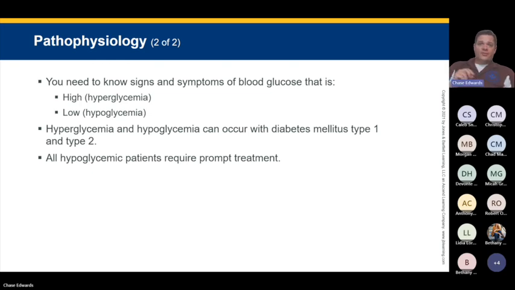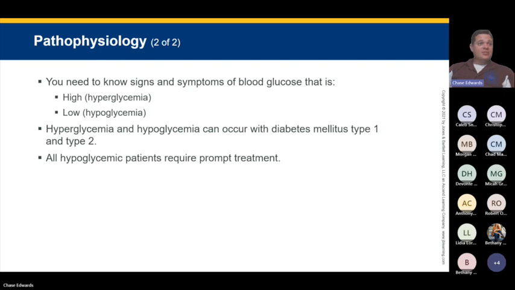If treatment exceeds a patient's needs, it can cause a life-threatening state of hypoglycemia. Hyperglycemia and hypoglycemia can occur with both diabetes mellitus type 1 and type 2.